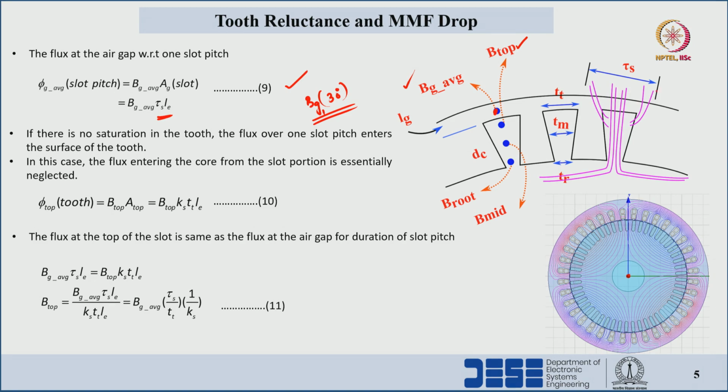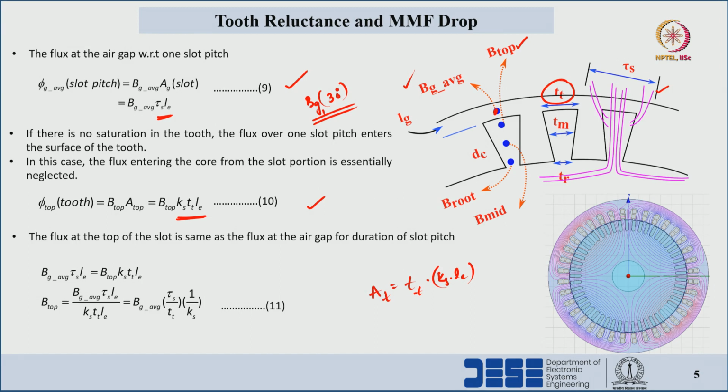The pink lines we can see here show that, if there is no saturation, all flux lines flow through the stator tooth. The tooth flux is again B into A, where the single tooth area is Tt, the width of one stator tooth at the top side, into Ks, the stacking factor, into Le. This gives the area of one stator tooth at the top side position.